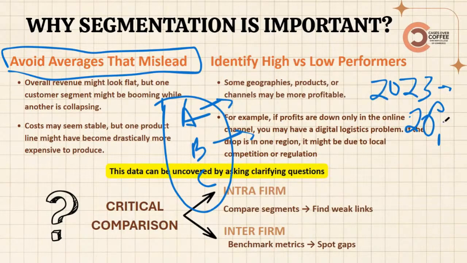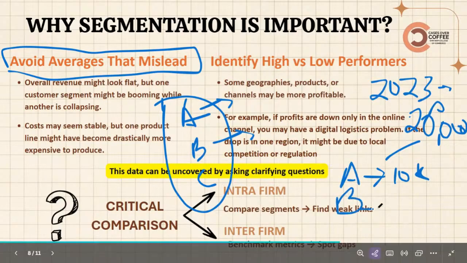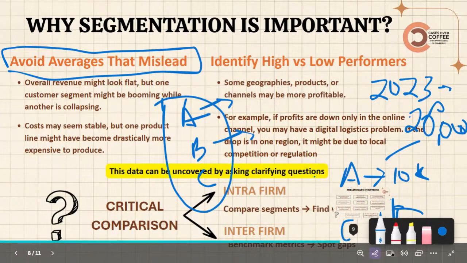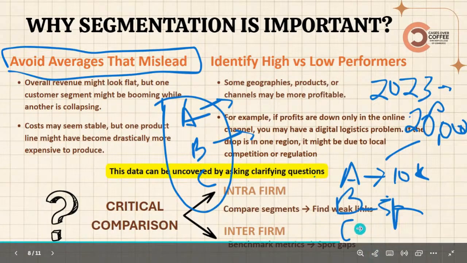In A it was 10,000, in B it was 5,000, and in C it was 5,000 again.